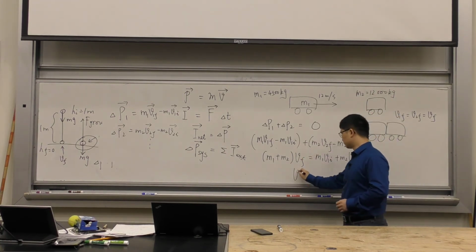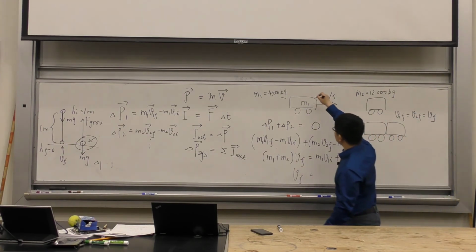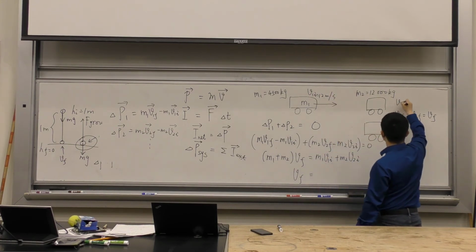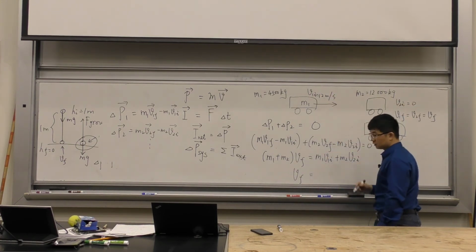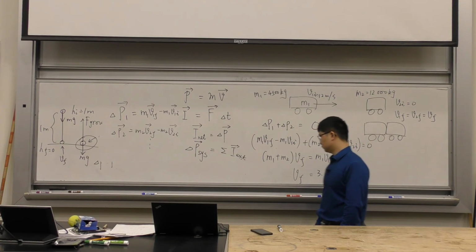So you will get vf. This is v1i, and v2i is 0. You can put the numbers in. The vf I got is 3.27 meters per second.